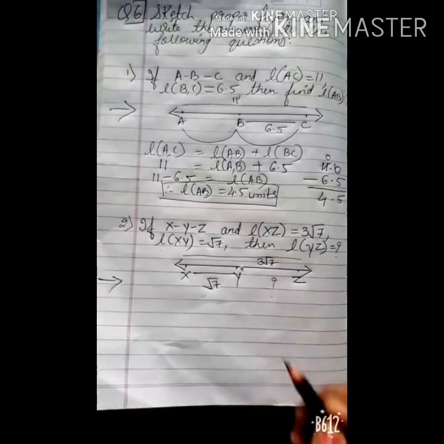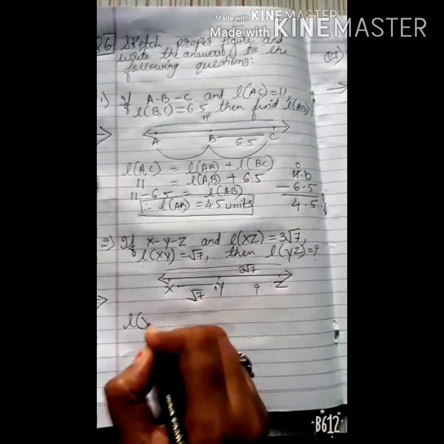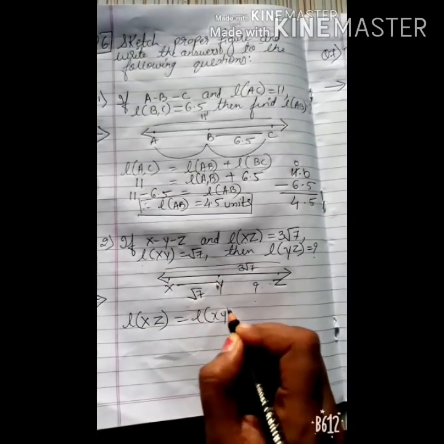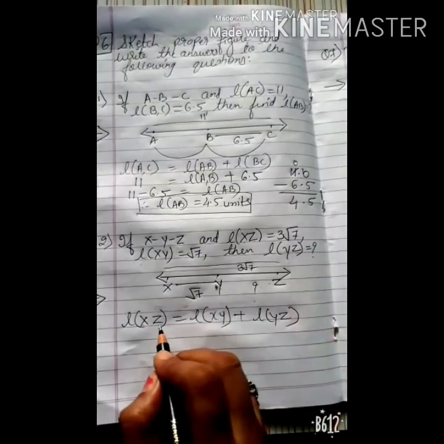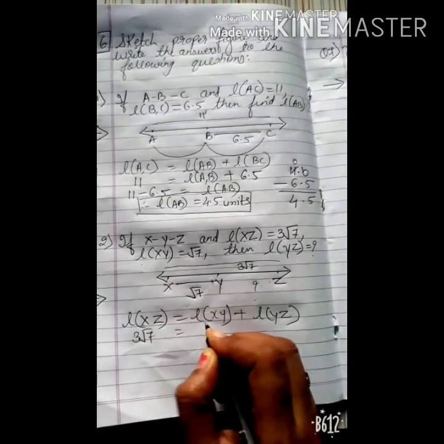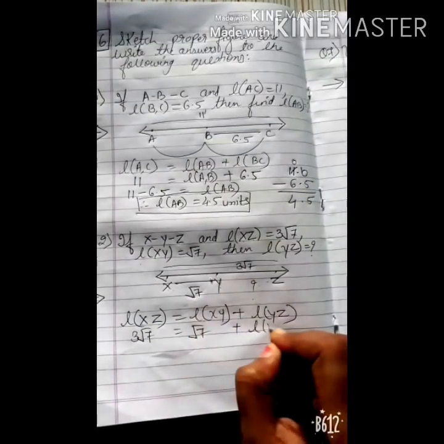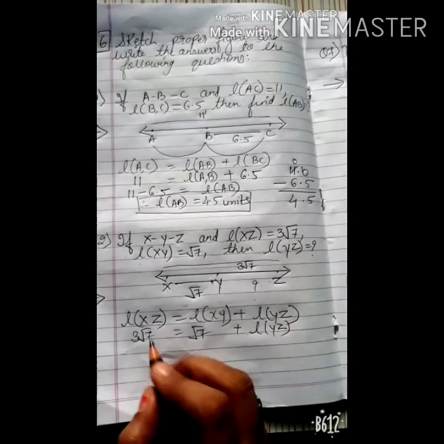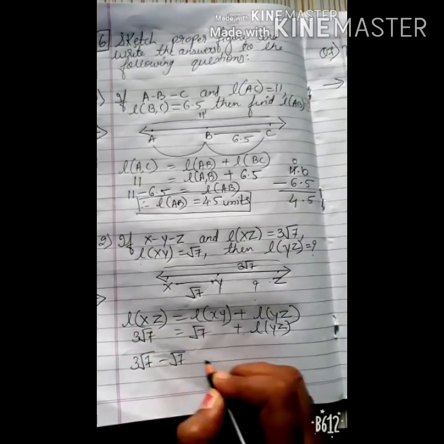Length of xz equals length of xy plus length of yz. xz is given 3 root 7. Length of xy is given root 7 plus length of yz is not given. Now root 7 will go to the left side and become minus. 3 root 7 minus root 7 equals length of yz.